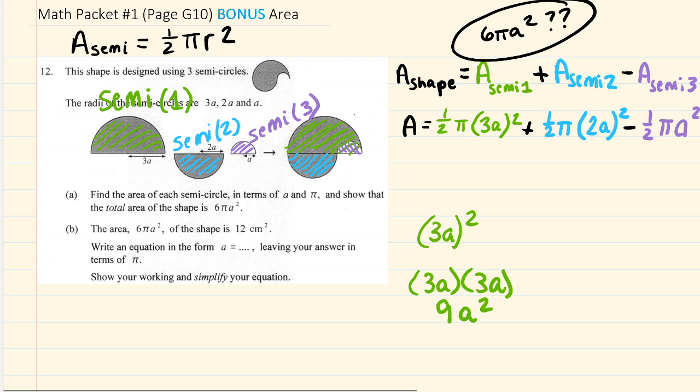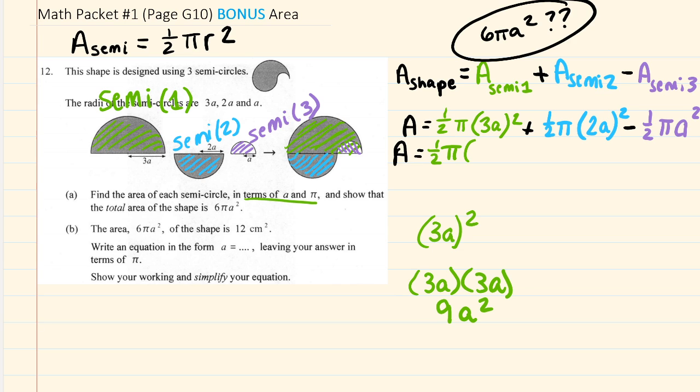So let's clean this up a little bit. So we're going to have 1/2 pi. Notice how I'm not plugging anything in for pi, like 3.14, because it said to leave it in terms of a and pi. So if I want pi in my final answer, then I'm not going to plug in 3.14. I'm just going to leave it as pi.